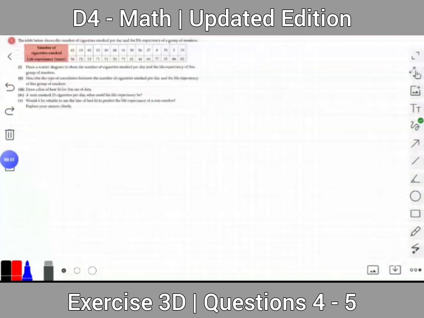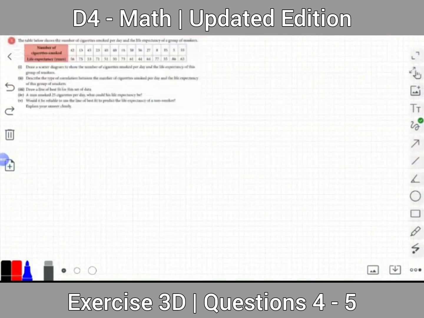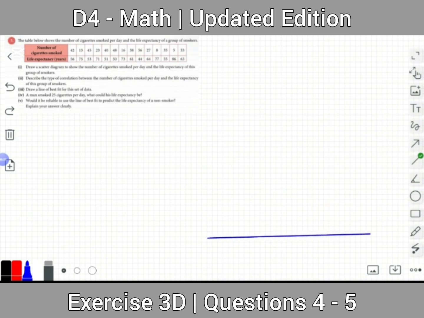In question 5, the table below shows the number of cigarettes smoked per day and the life expectancy of a group of smokers. In part 1, draw a scatter diagram to show the number of cigarettes smoked per day and the life expectancy of this group of smokers. For this, we will draw the x-axis and y-axis.